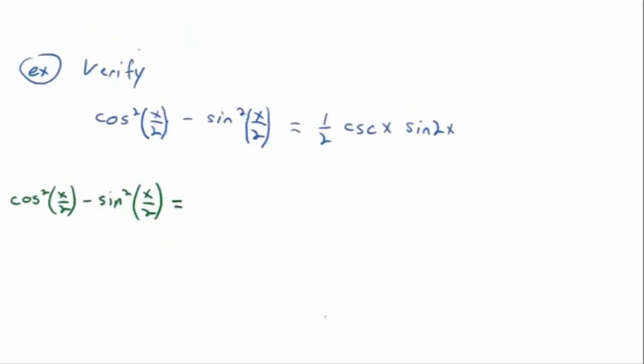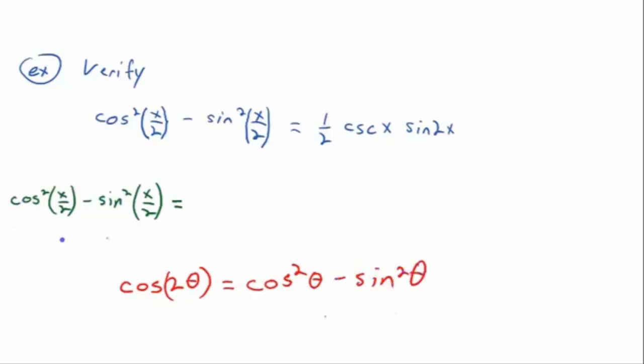Okay, what does this look like? I'm going to write down a little scratch work, and then I'll have to quickly erase it to get it out of the way. Remember the first double angle identity I gave you for the cosine of 2 theta. That's equal to the cosine squared theta minus sine squared theta.